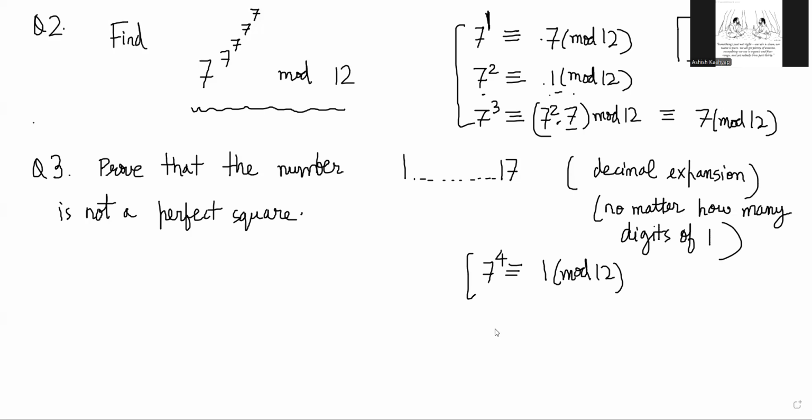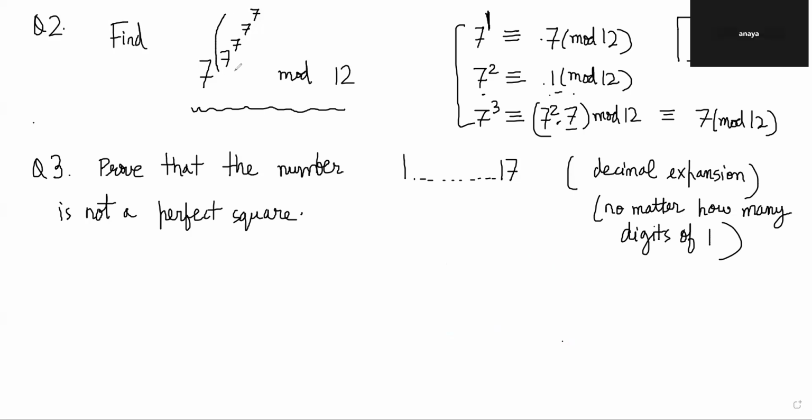This pattern will keep repeating: 7, 1, 7, 1. Any number is either even or odd, so all we need to figure out is whether the power of 7 here, which is a big number, is even or odd.